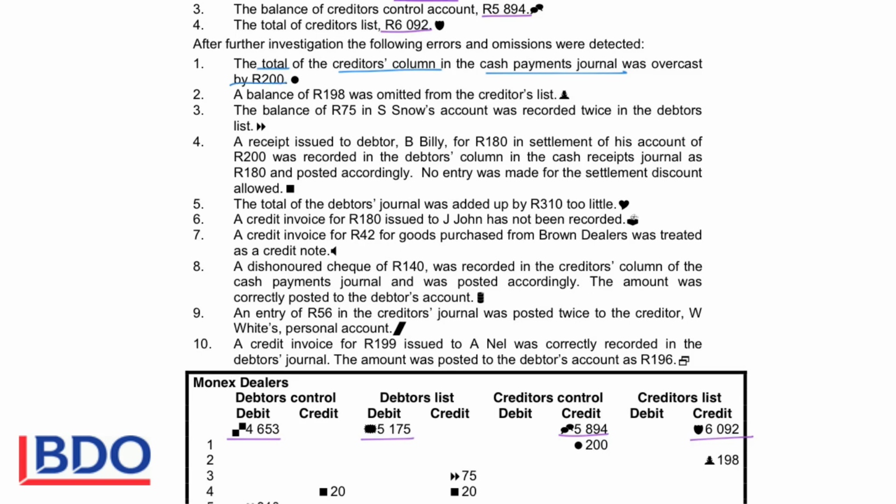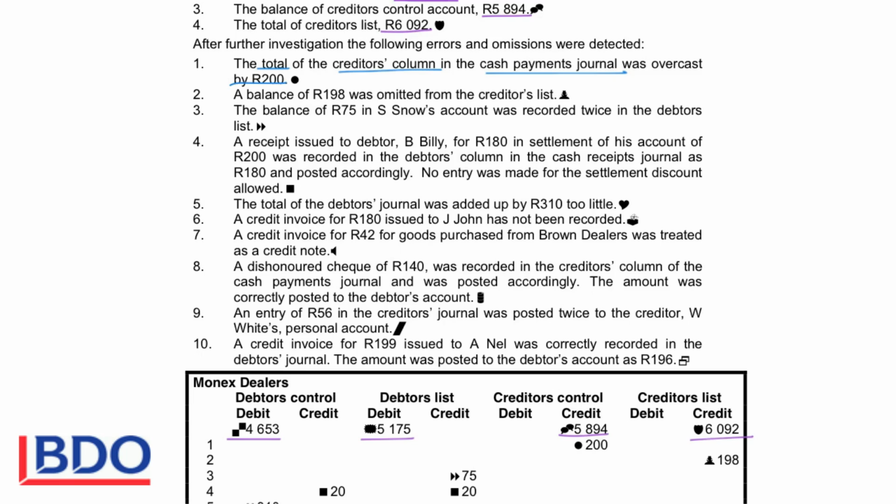Now, first of all, determine whether the mistake was made in the control account or whether the mistake was made in the creditors ledger. The total of a column will go to the creditors control. The individual entries in the cash payments journal were correct, so there's no mistake in the creditors list. This error will only be corrected in the creditors control account.